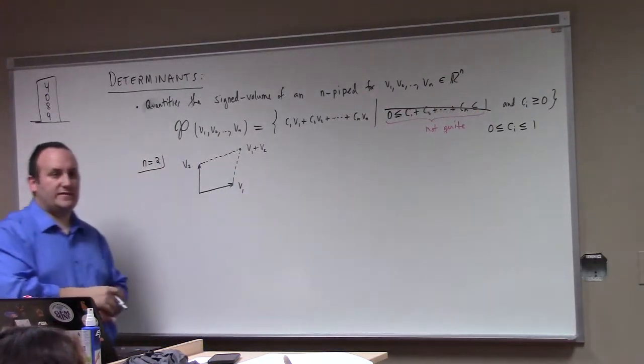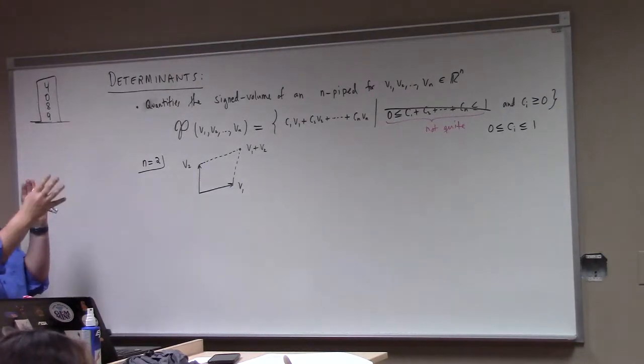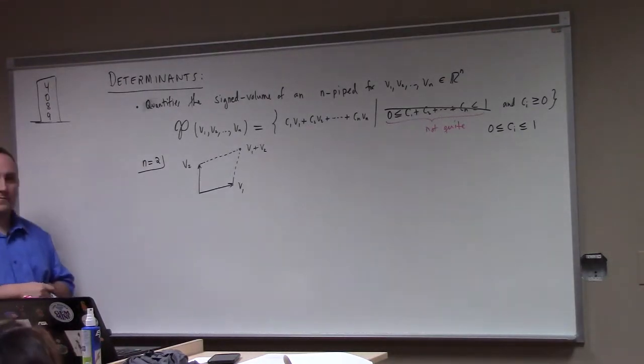So what that does is it allows you to take between 0 and 1 worth of V1, between 0 and 1 worth of V2, and you build all possible linear combinations. This gives you an n-piped. For n equals 2 it's just a parallelogram, right?